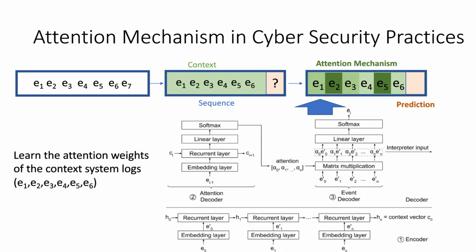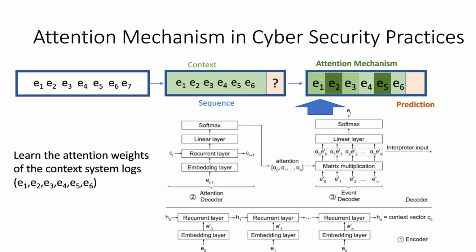Then you say, I observe E1 until E6, so what will E7 be? What will be the log that happens at E7? The LSTM will try to predict the very last step.